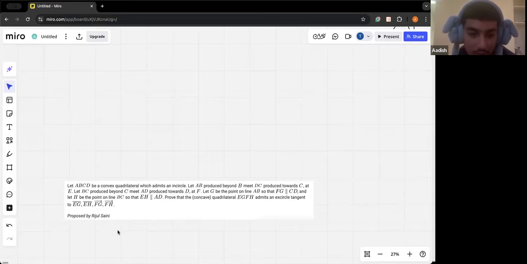BC reduced beyond C. Bro, the diagram's so wrong. I'm also extremely hungry. That's a different issue. Admits an incircle. Yes, admits, guys. The quadrilateral is admitting. G is a point on line AB. FG is parallel to C.